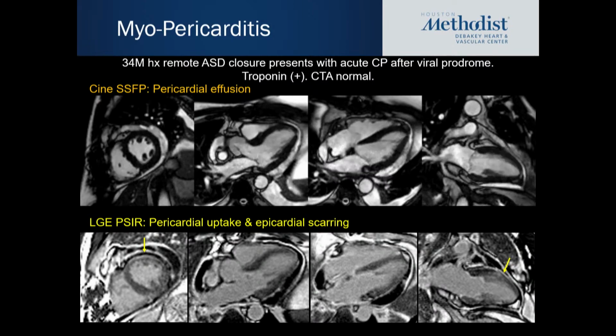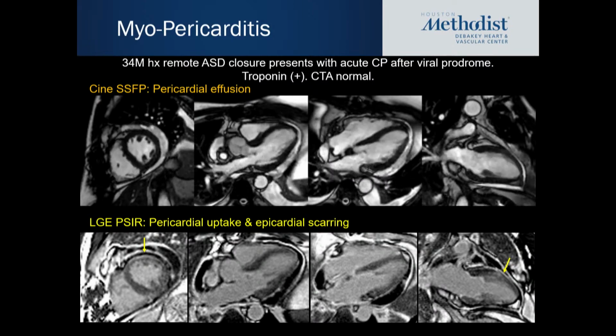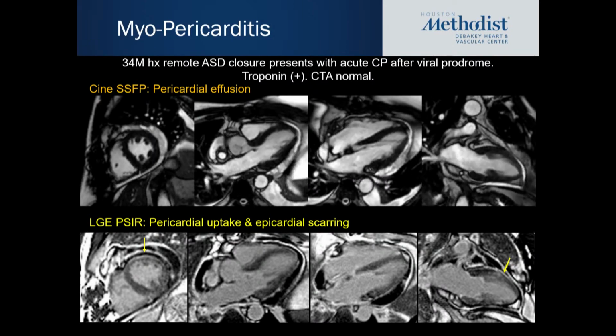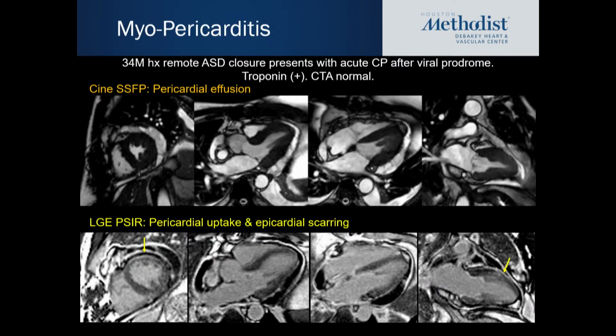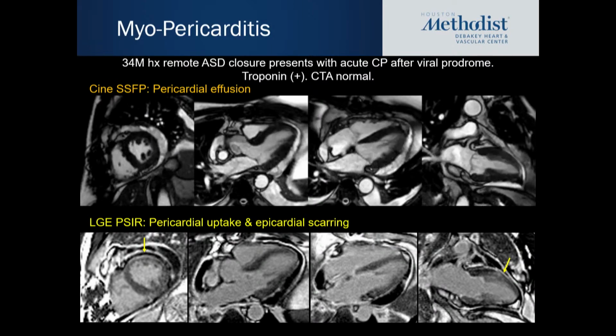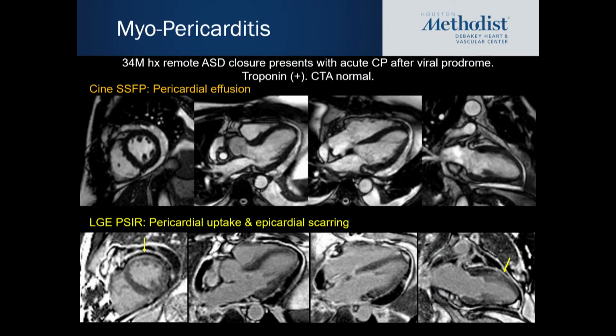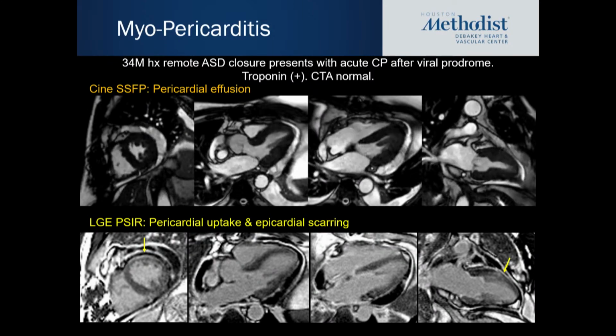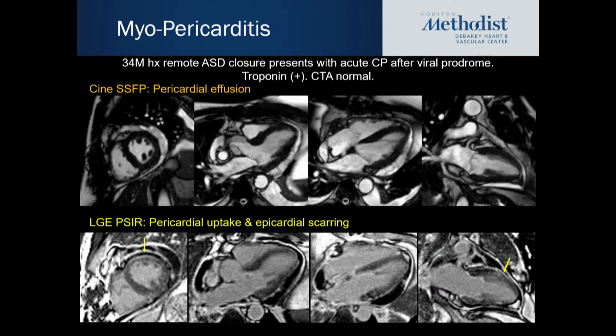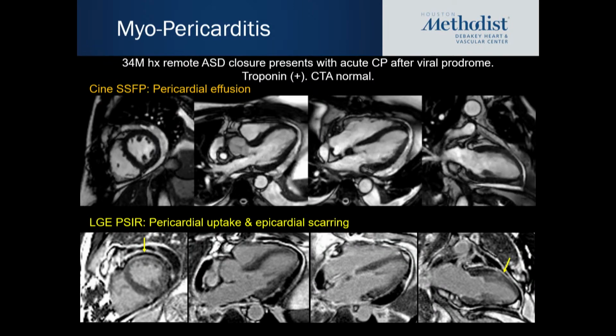But when you turn on the tissue characteristics with LGE, you will see that not only do you have hyperenhancement of the pericardium, here you can see this bright layer, this is the visceral pericardium, and you can also see this brightness here. This is actually the parietal pericardium that is surrounding this pericardial effusion. So you can actually see hyperenhancement of both layers of the pericardium.